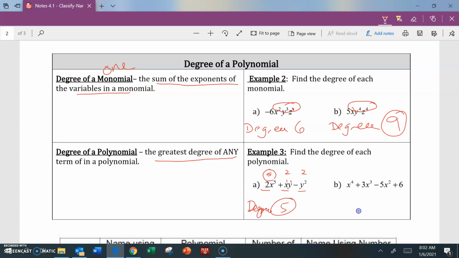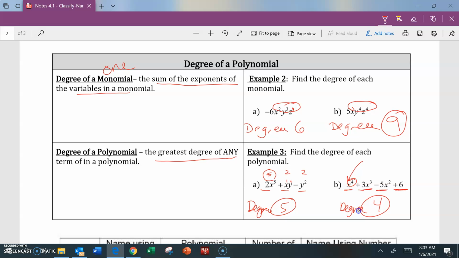And then for part B, you can probably guess, hopefully by now, that this has 1, 2, 3, 4 terms. And the degree of this polynomial of 4 terms is 4 because the highest number on the exponent or sum of exponents that you see is a 4. So this term has degree 4, this term has degree 3, this has degree 2.